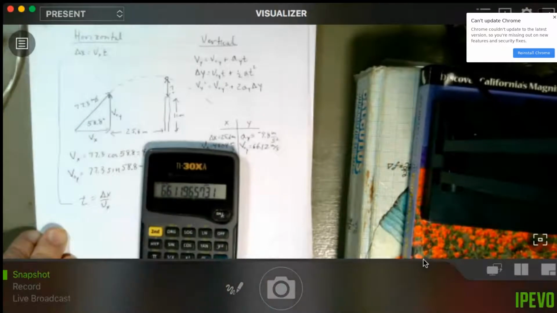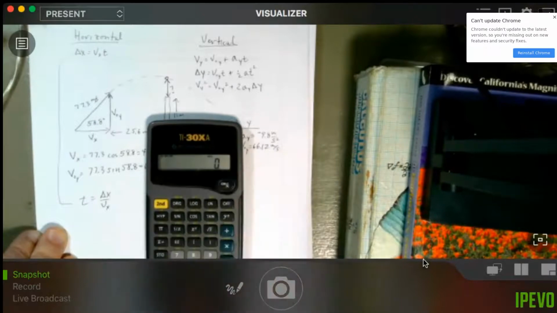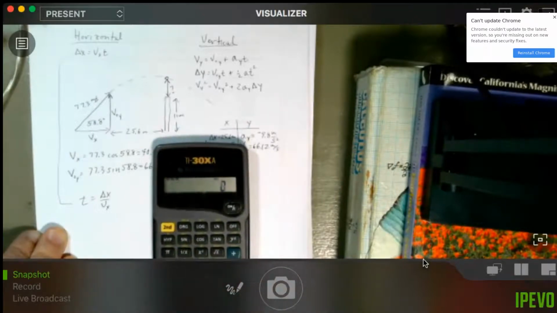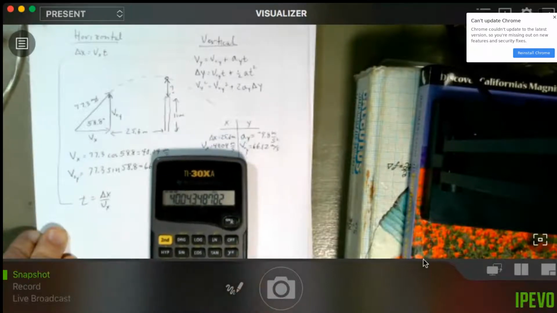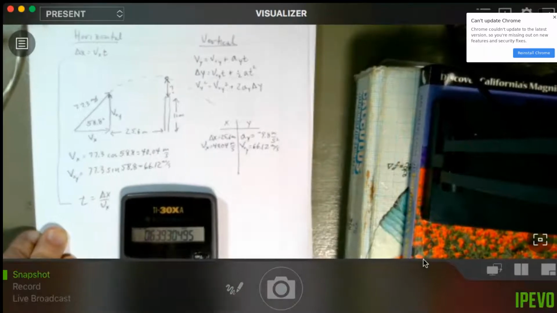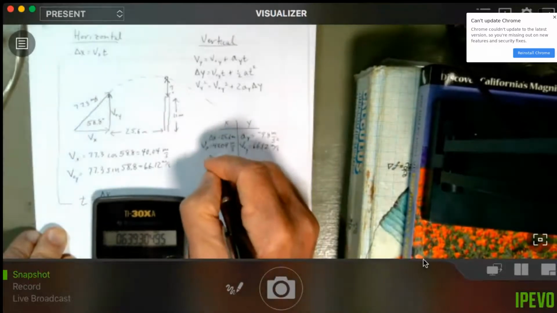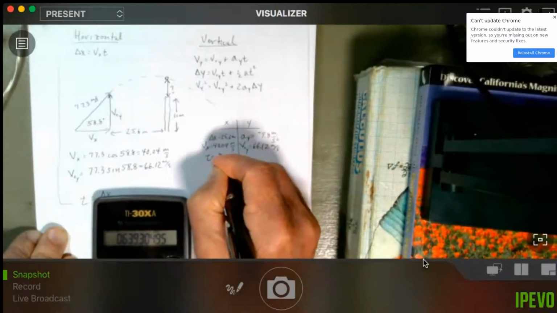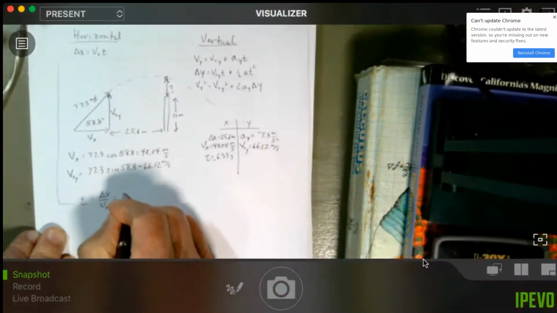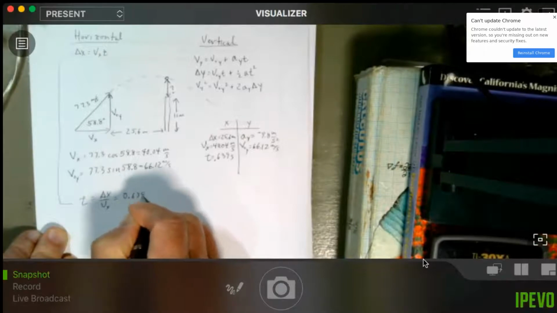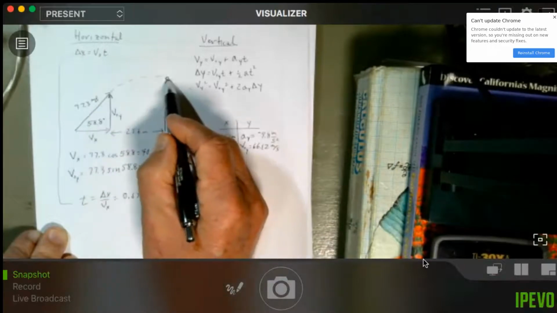So let's take that delta x, which is 25.6, and divide that by the 40.04. And we get that the time is 0.639 seconds. So that means from here, it's going to take 0.639 seconds to get to this spot.